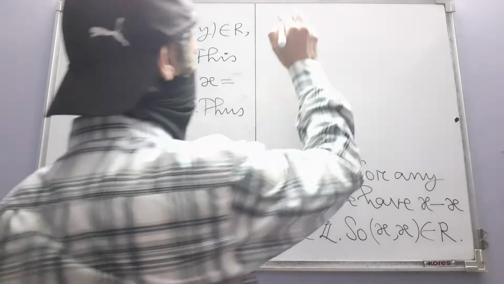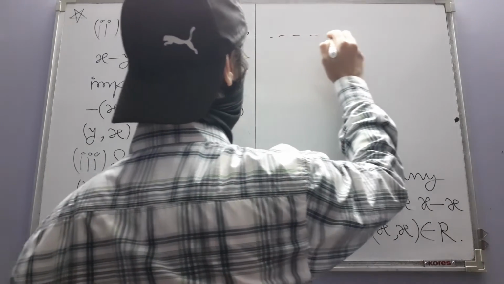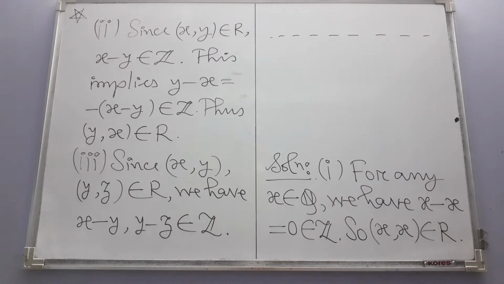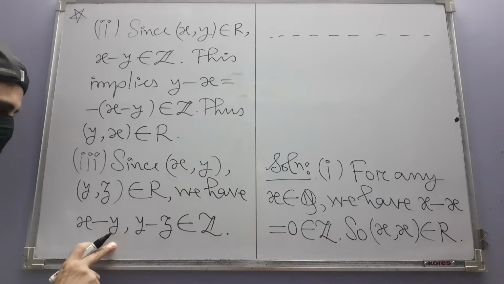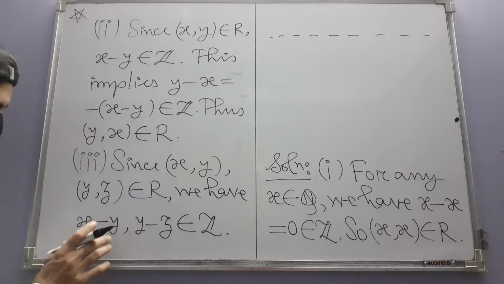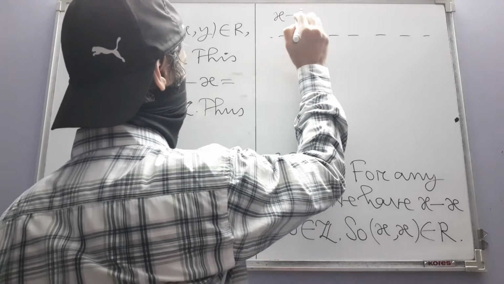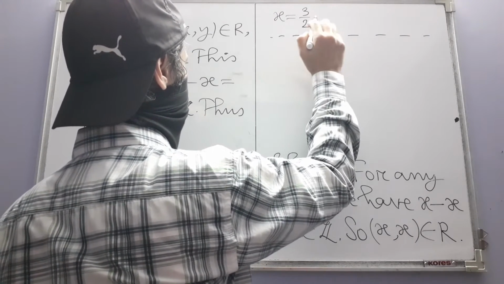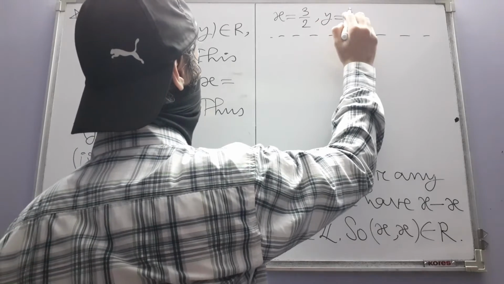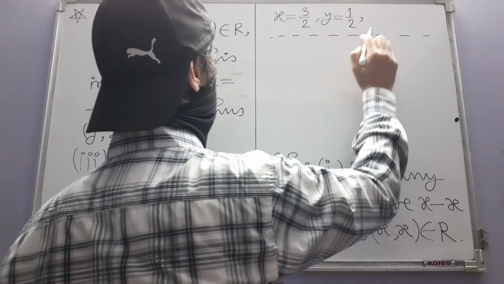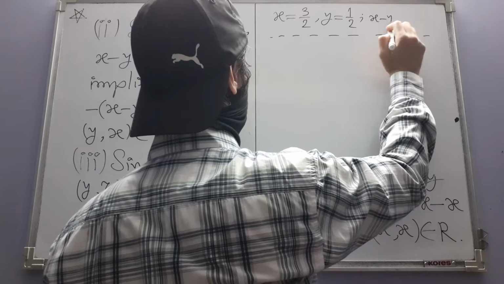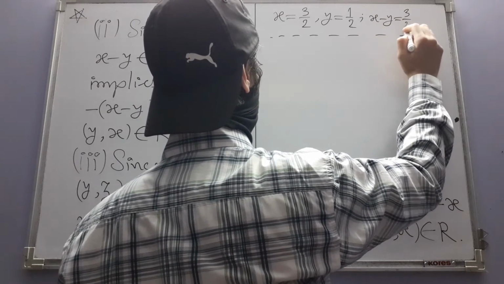Let me just digress for a moment and show a little example of x and y which are themselves not integers, but the difference is an integer. You can take this simple example. Say you take x equal to 3 over 2 and y equal to 1 over 2.